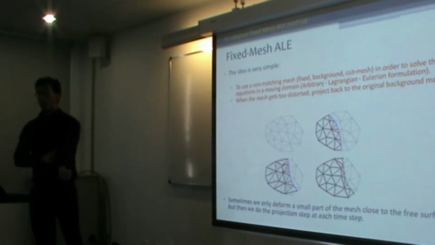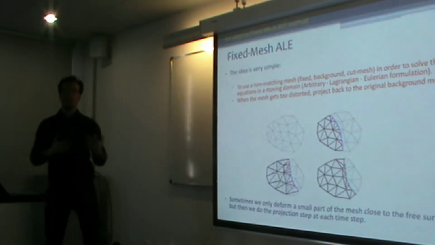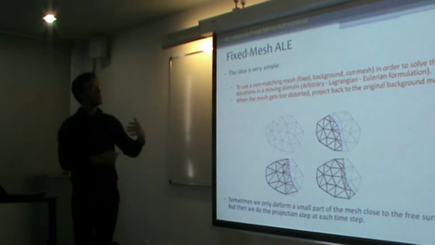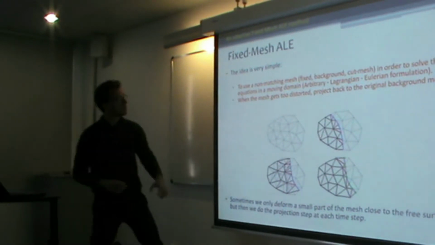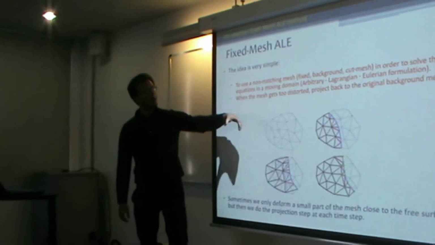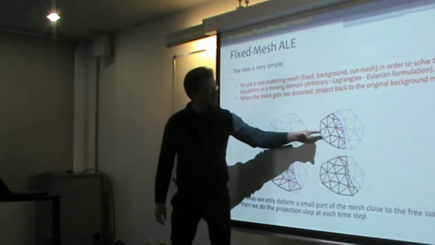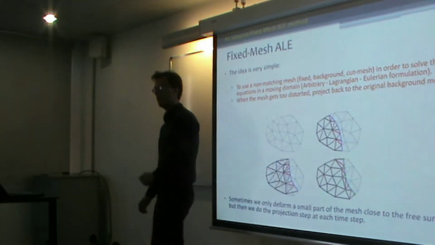Regarding the fixed mesh ALE method, which is this combination of the embedded and unfitted grid with the arbitrary Lagrangian Eulerian method, the idea is not difficult. Suppose that we have a background domain, which is this domain here, and then we have, for instance, our fluid domain, which is this part here, and this is the interface of our fluid.